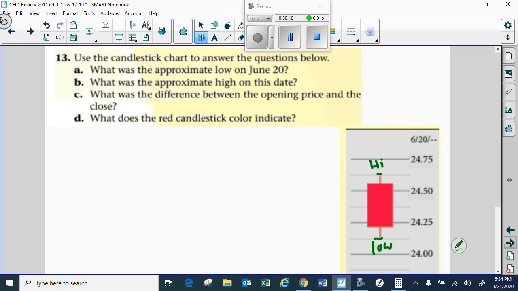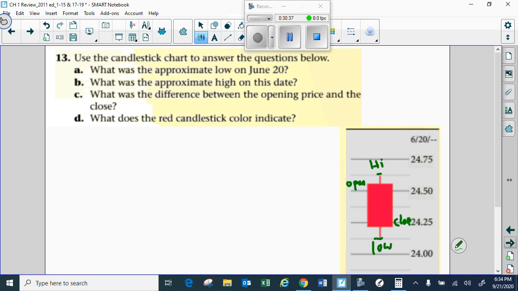It went down. So then this would have been an opening. This would have been a close. Now green would represent positive. So then this would have been the opening down here if it was green, and this would have been the close up there if it was green, but it's red, so it means negative.